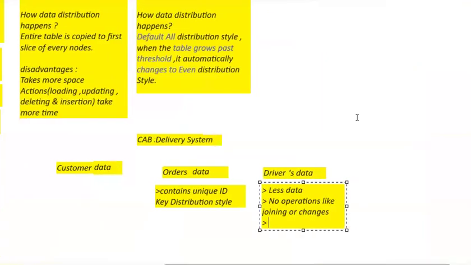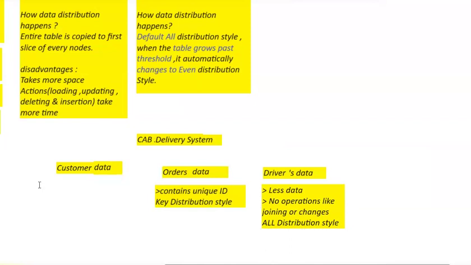So whenever a user books a cab trip from one place to another, he needs a fast response for the small data available about the drivers. Which distribution style do I need to use here? All distribution style. I need to choose all distribution style here.